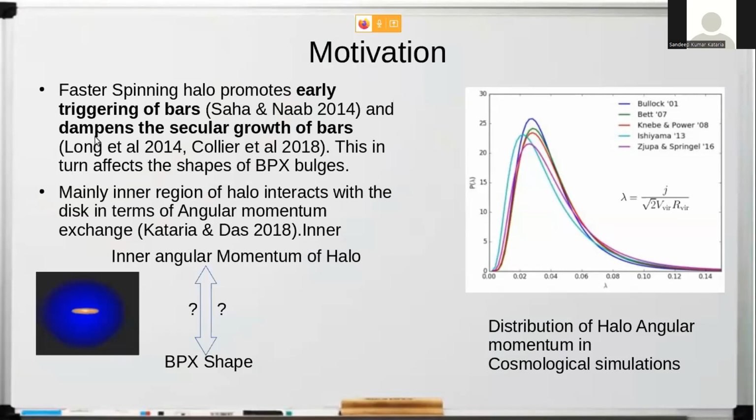And there are various ways to vary the spin in the halo, so there is a lot of opportunity to work here. So we wanted to ask the specific question: how does the inner angular momentum of the halo affect the BPX shape of bulges? Whether we can get a clue of the dark matter halo surrounding the disk from its imprint on the baryonic component.